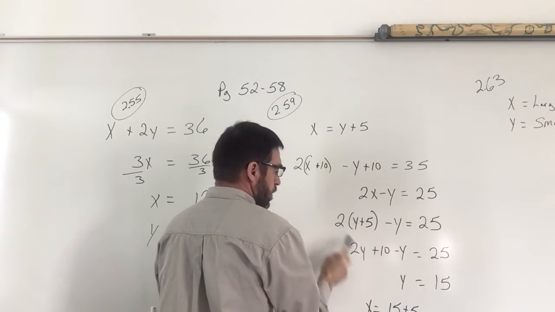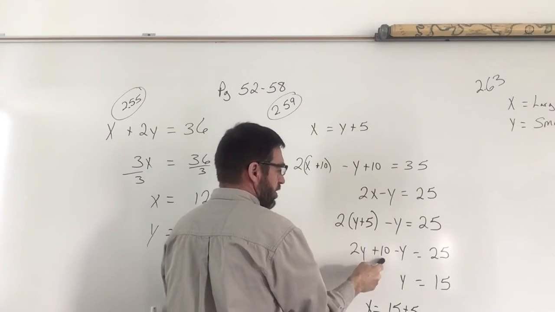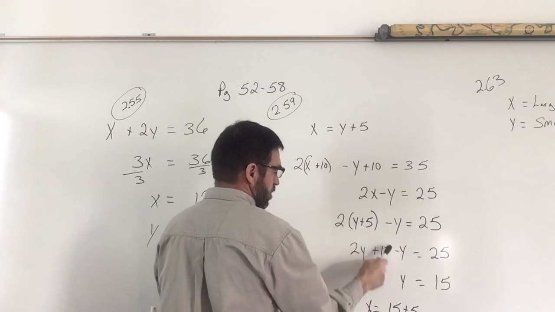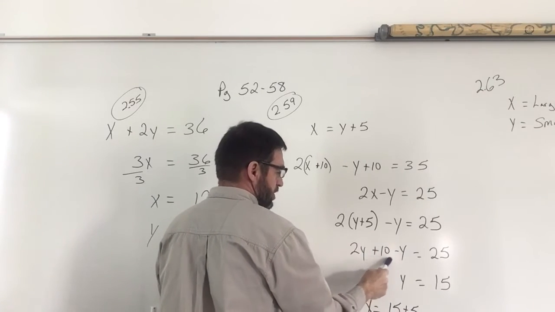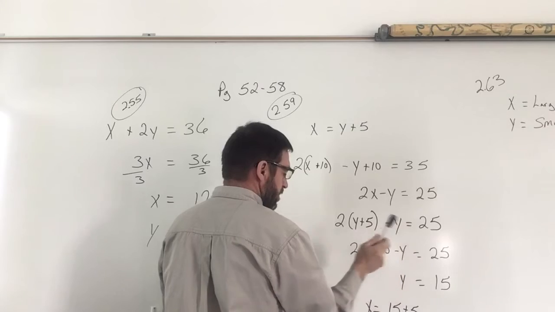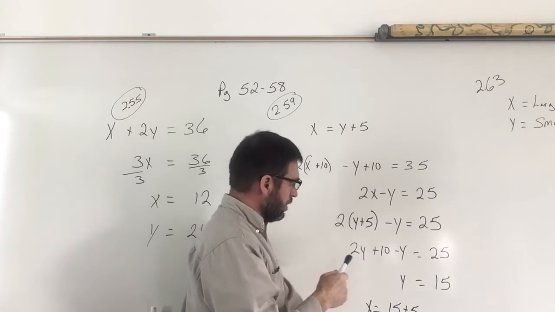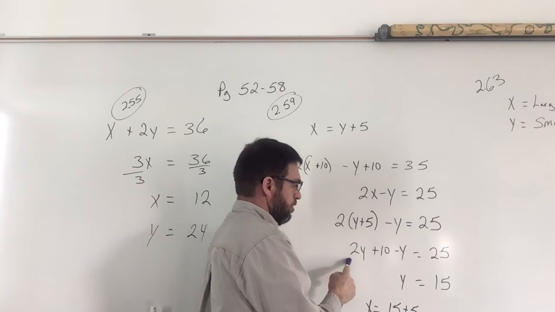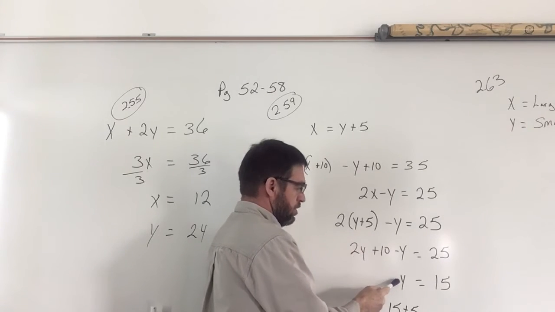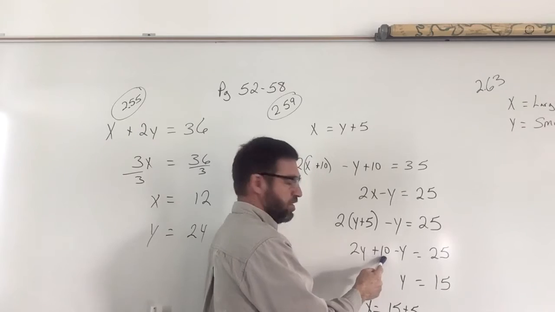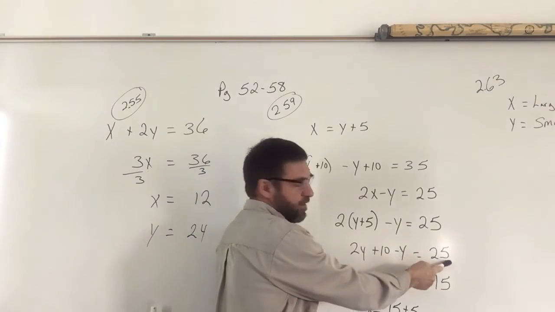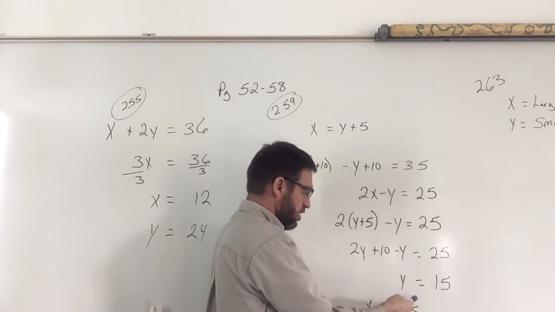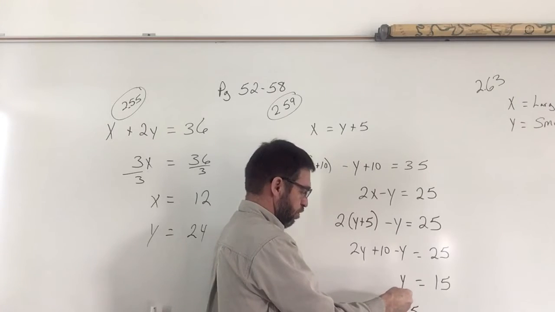So now I got 2Y, and 2 times 5 is 10. So I solved that: 2Y plus 10 negative Y. If you subtract 1 from 2, you get 1, so that's 1Y plus 10 positive. I subtract it from the 25, which makes 15. So Mary's age, Y, equals 15.